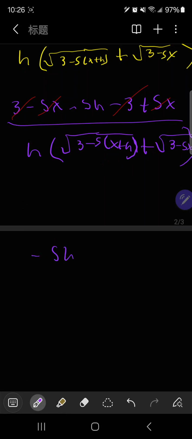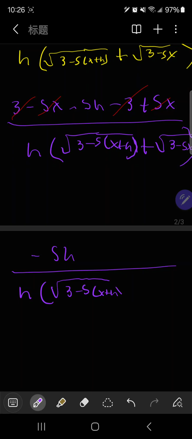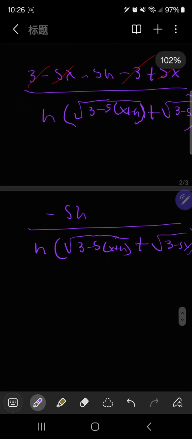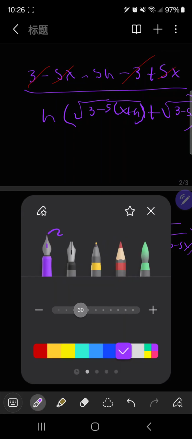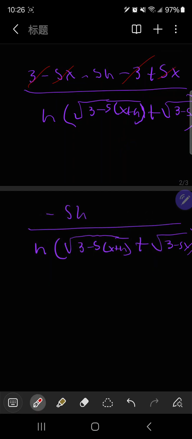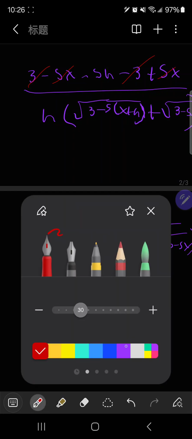We had minus 5h all over h root 3 minus 5x plus h plus root 3 minus 5x, and then close the parentheses. Then what I notice here, we cancel out the h's. See that? Now what were you left with?